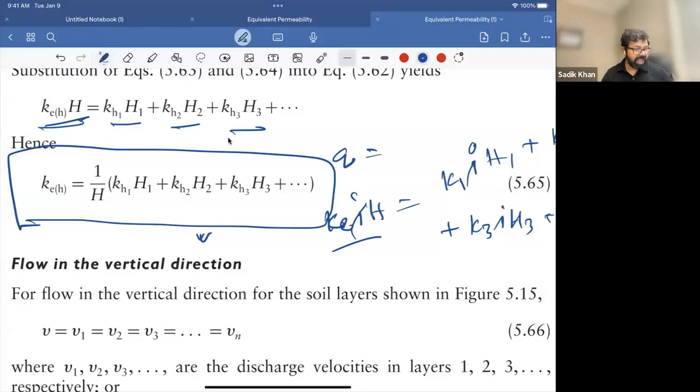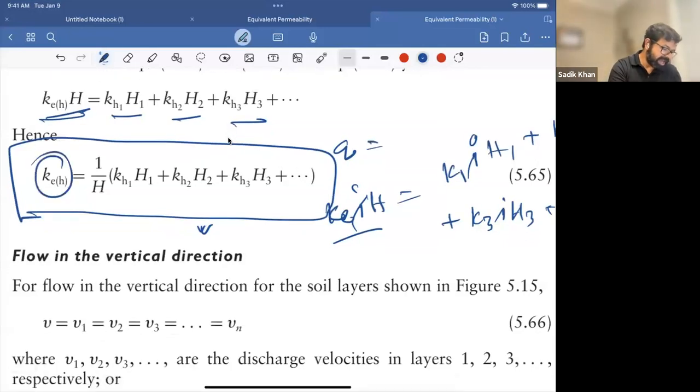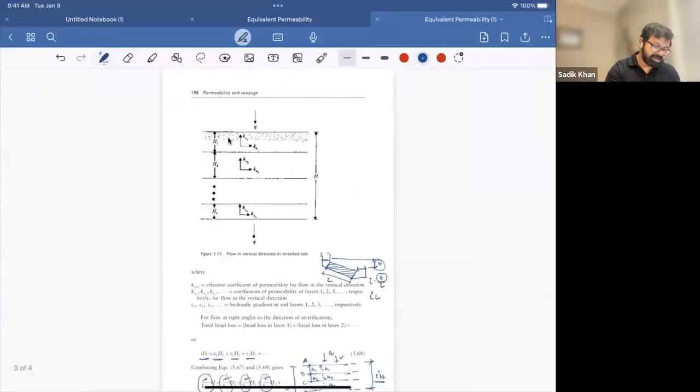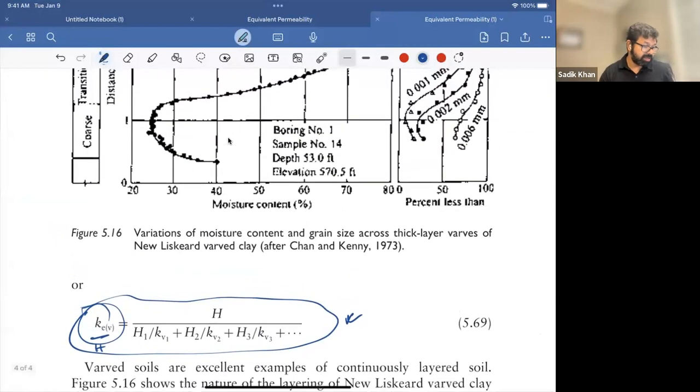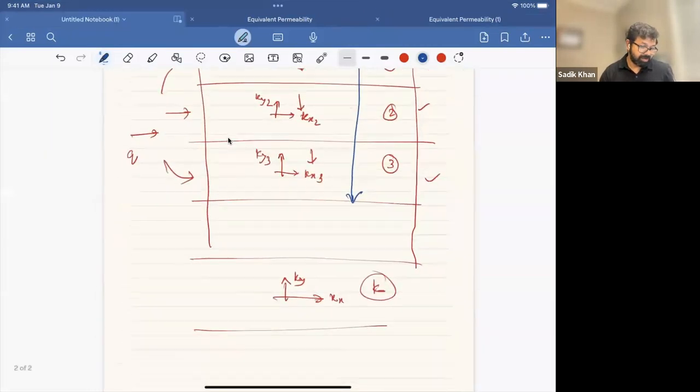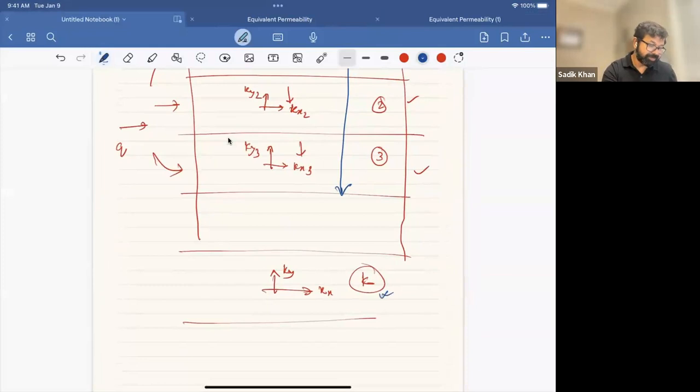So we get our KH and KV. This is the KH, and this is our KV, right? Now my question is how we are going to get the K. Any idea?